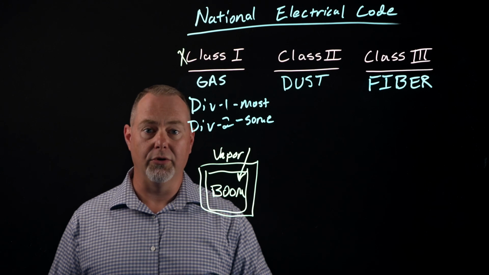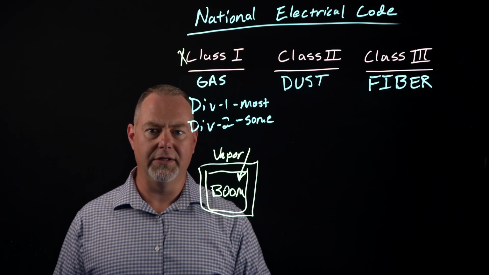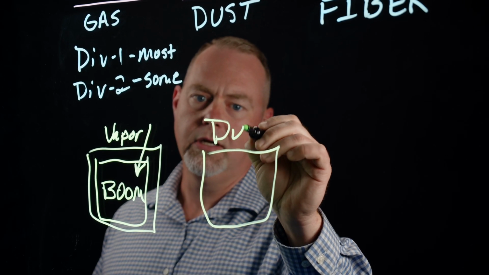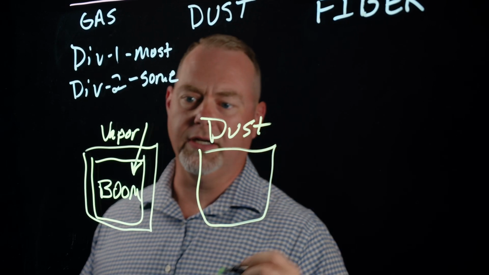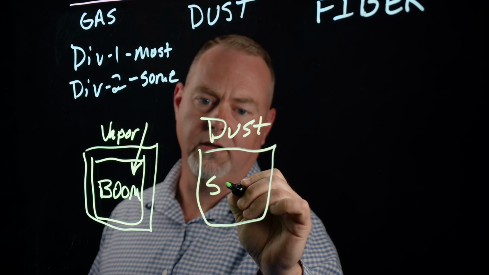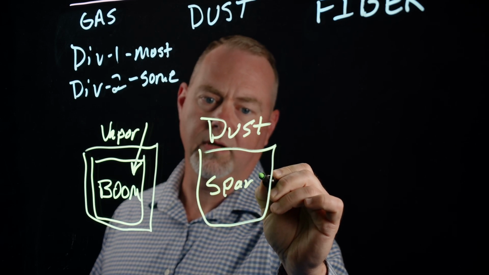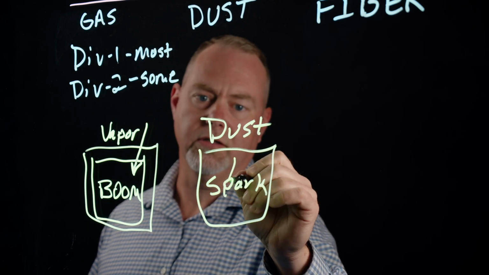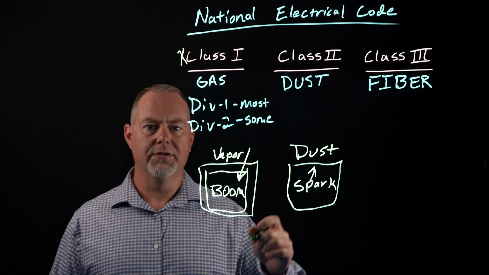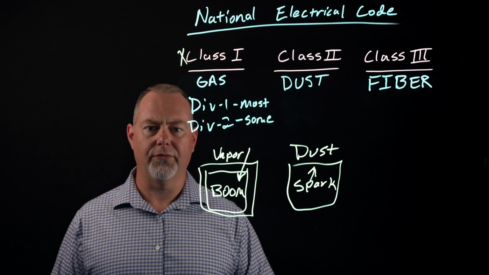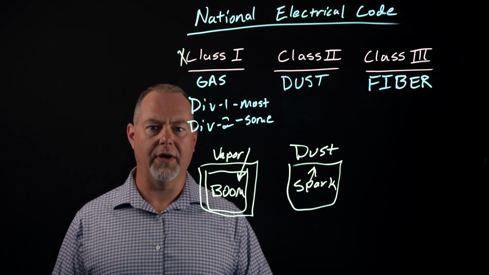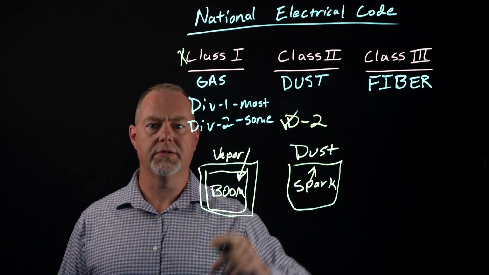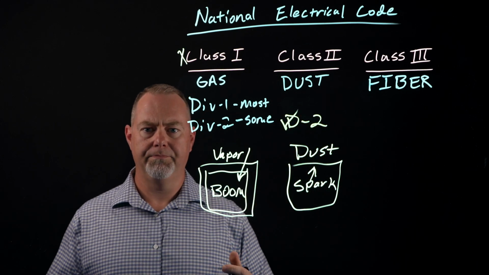Now for Class 2 locations. Class 2 equipment must be designed so it will keep the dust out and any spark or ignition source in the equipment, and not allow it to escape and ignite any of the dust in the surrounding areas. So yes, certain SonicAire fan models have been UL certified for use in Division 2 locations for quite some time.